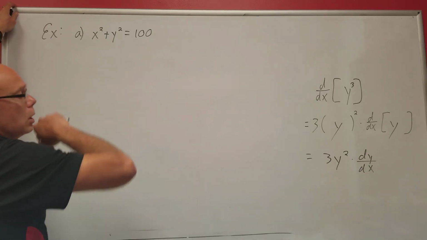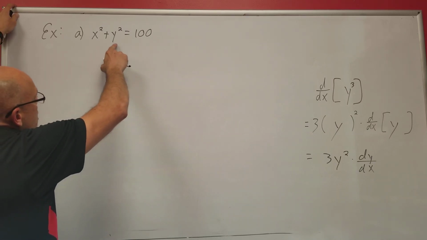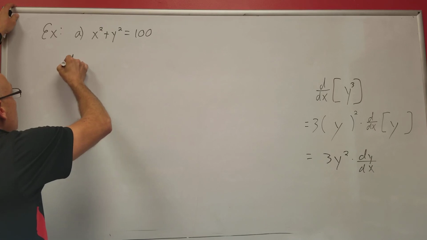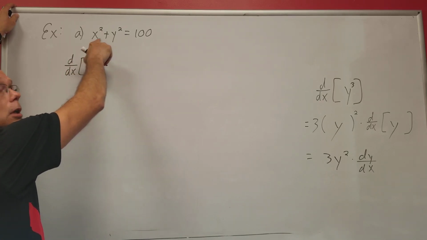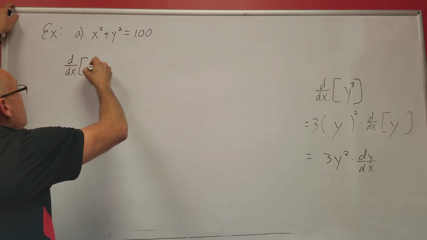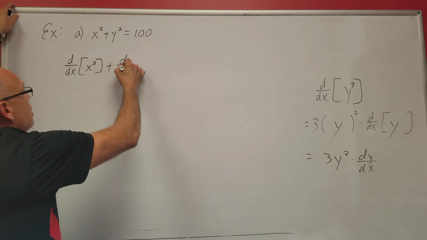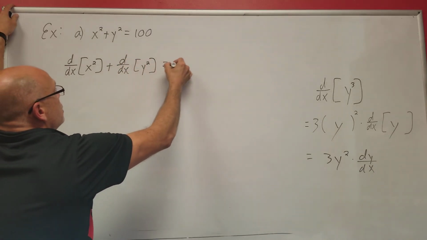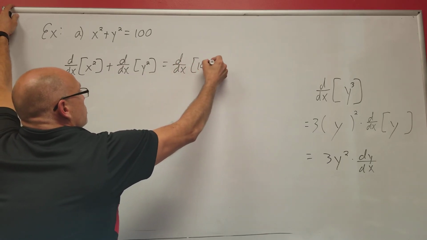Well, we're looking for dy over dx. So what I'm going to do is take the derivative with respect to x of both sides, or I could think of taking a derivative with respect to x of this term and this term. So the derivative with respect to x of x squared plus the derivative with respect to x of y squared is equal to the derivative with respect to x of 100.